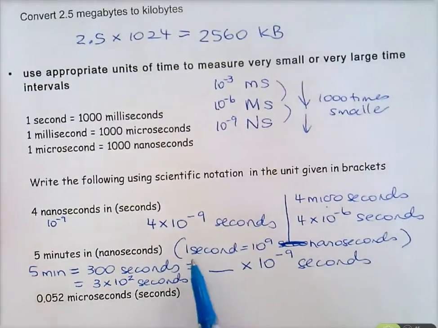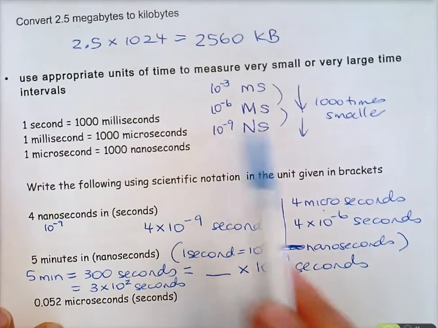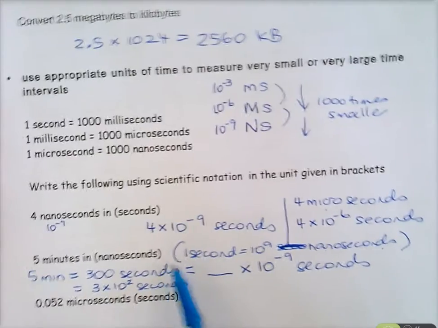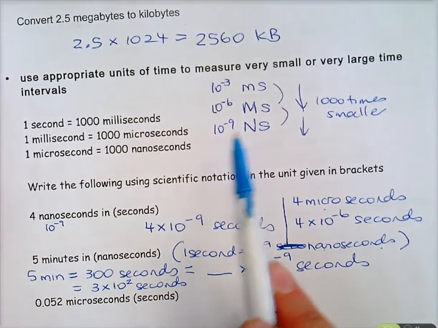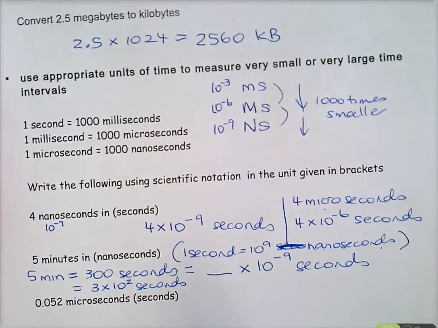You know how a nanosecond is 10 to the minus 9 of a second? That means 10 to the power of 9 nanoseconds makes 1 second. Lots of nanoseconds make 1 second.